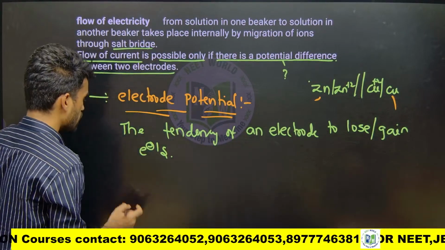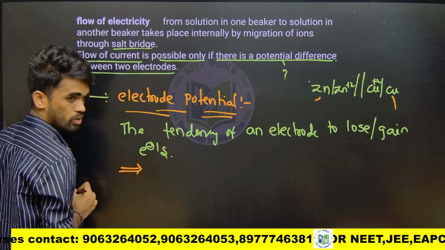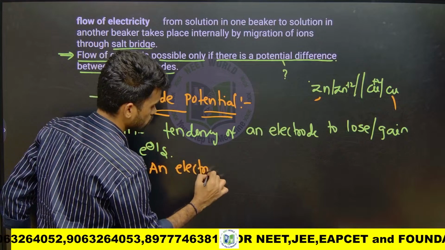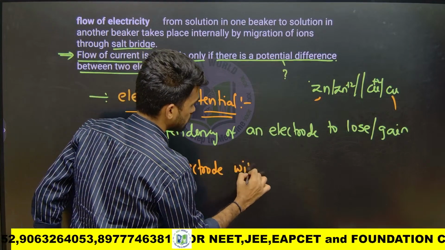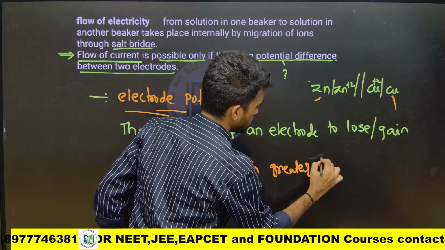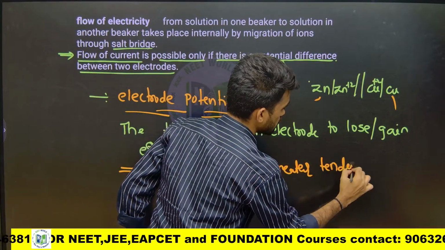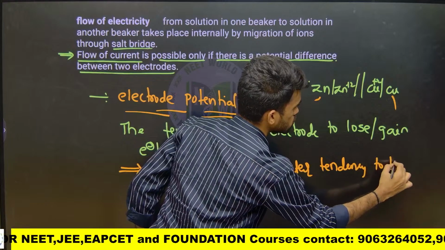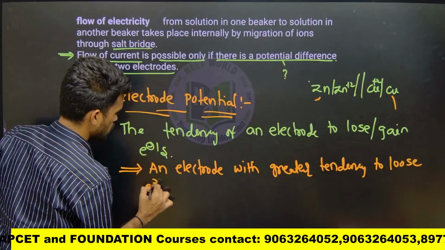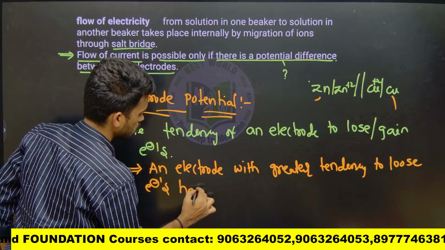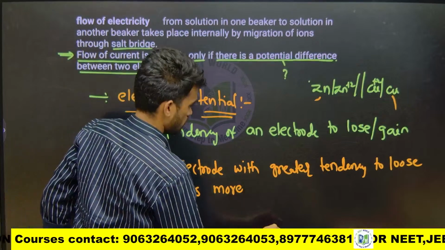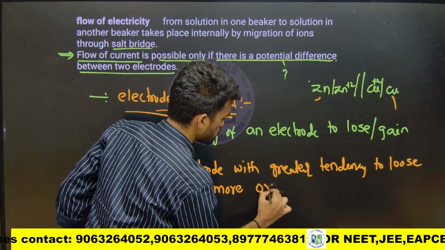Now here you can write two more important points. An electrode with greater tendency to lose electrons has more oxidation potential.